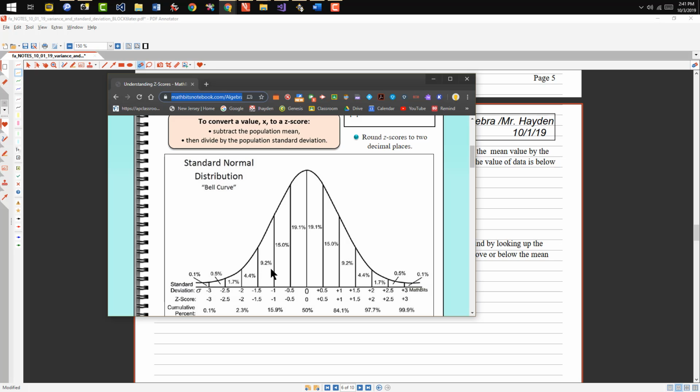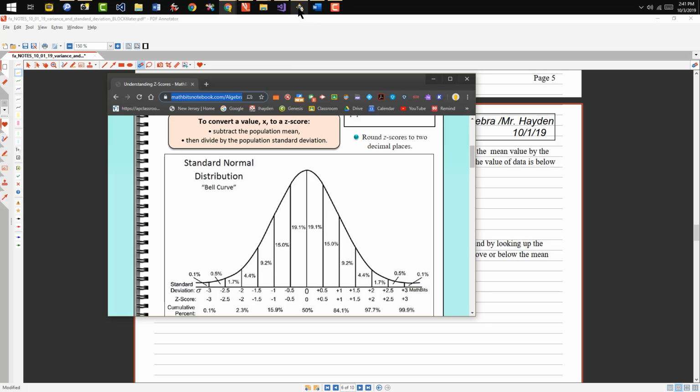In this graph, it's just divided into sections that are 0.5 standard deviations apart. Well, tables exist, and one set is in the notes, the yellow sheet that I handed out in class, that allow you to look up a z-score up to 2 decimal places and then look at what value that is.